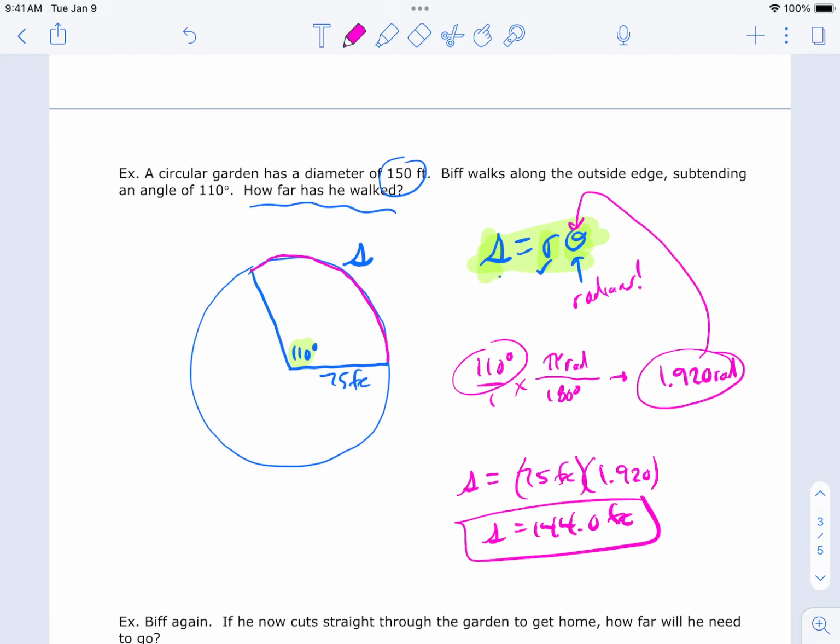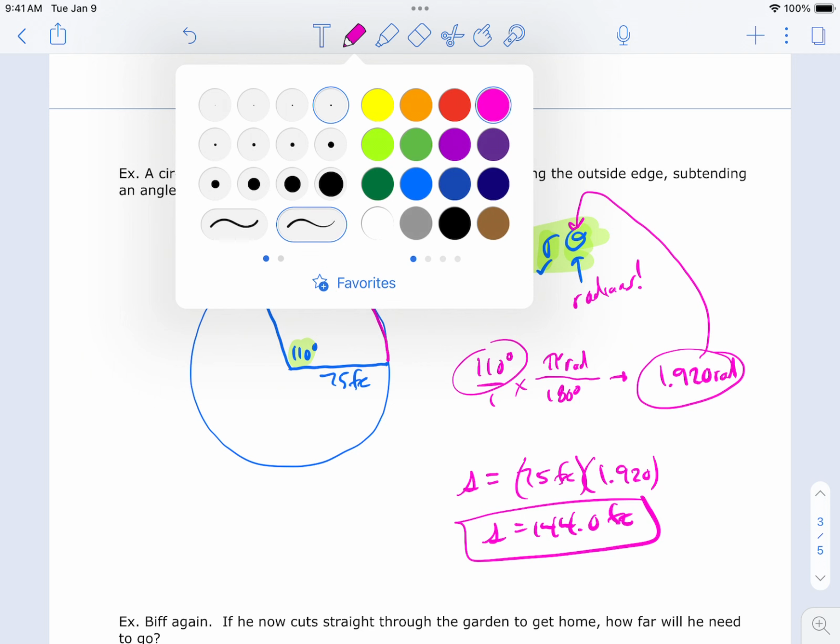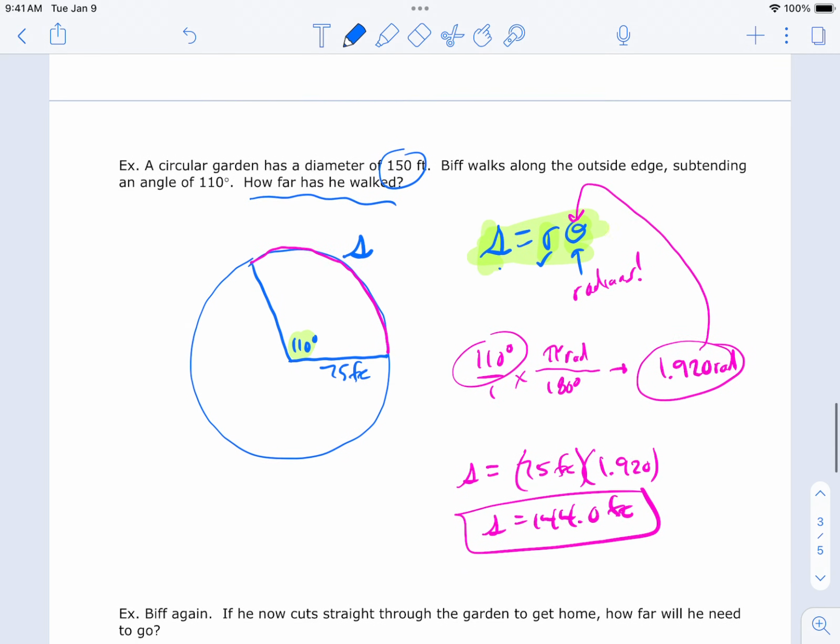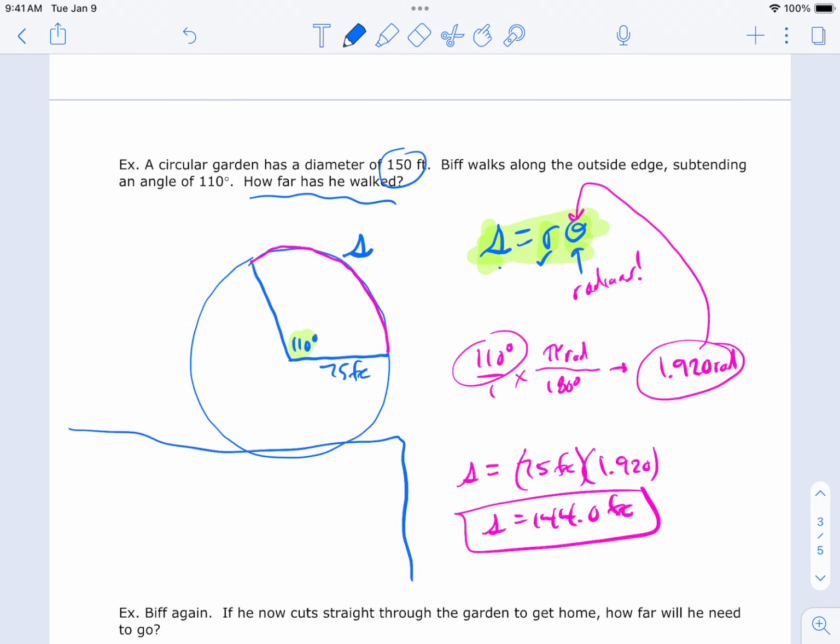I'm not a huge fan of this formula. I use it because I know the formula and I know how to use it. But you could also do it this way. You could say, well, the circumference of a circle is 2 pi r. So I'll go 2 pi times the 75 feet. I get 150 times pi, which as a decimal is 471.24.